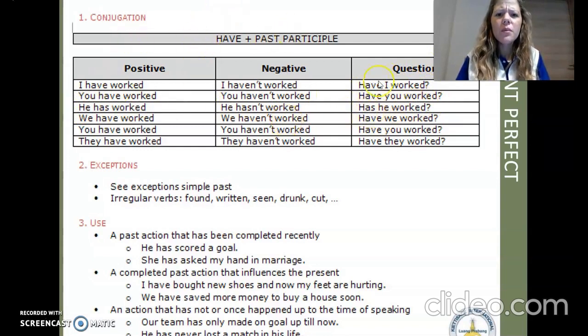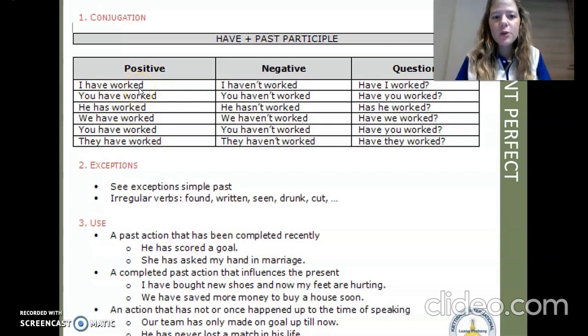So the general form is have plus past participle. There are some exceptions, but we'll see the exceptions in simple past. The most important exception is that there are irregular verbs. So I have worked. The normal structure of the past participle is worked. So you have the base form to work, I work, but the past participle does add ed.